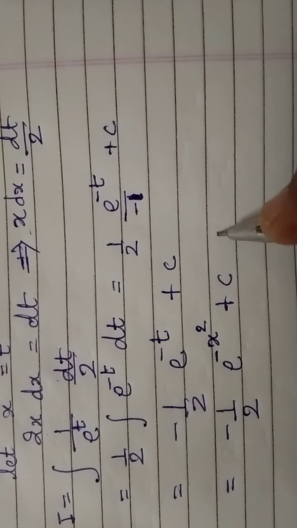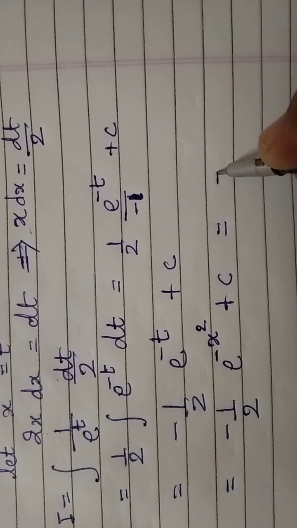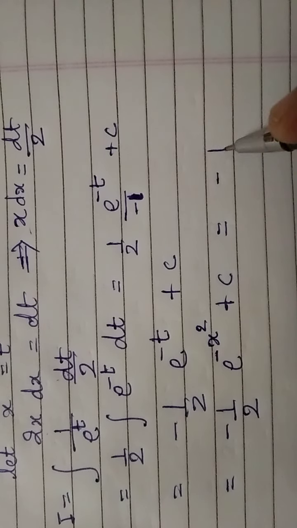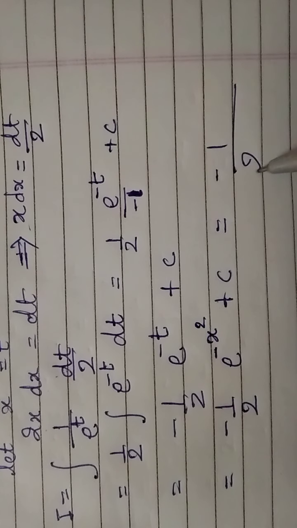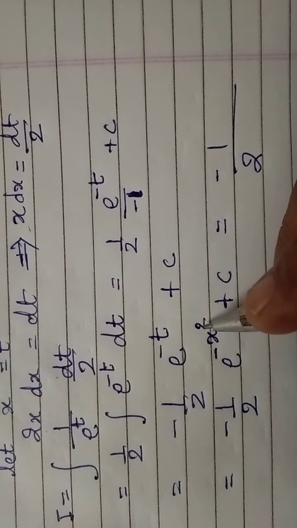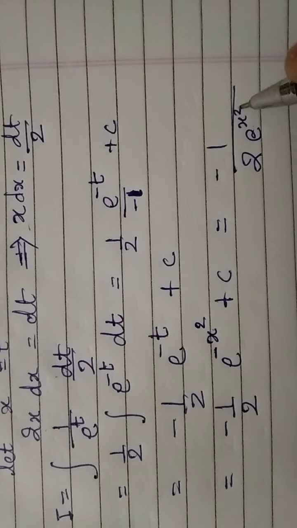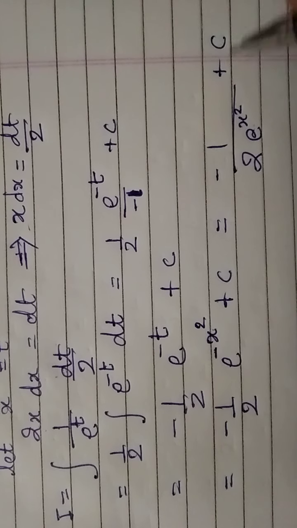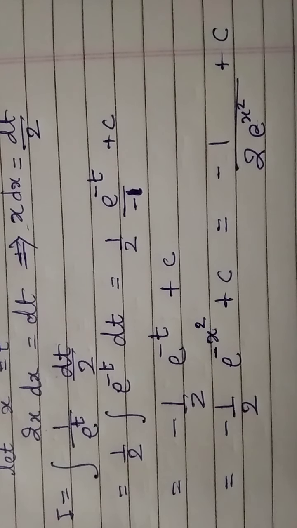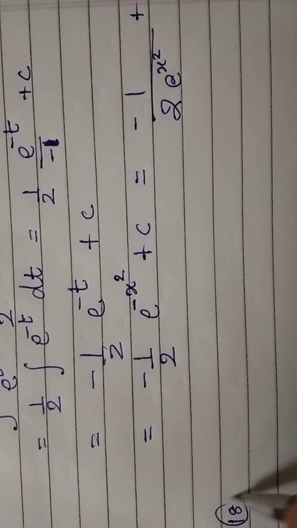If I further want to simplify, I do not want the negative power, so I'll write minus 1 upon 2, and this e raised to minus x square in the numerator, if it comes to the denominator, it becomes e raised to plus x square, plus the constant of integration c. Okay, so we finished integrating. Let's go to the next question.